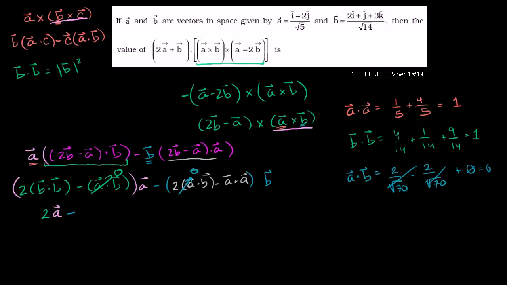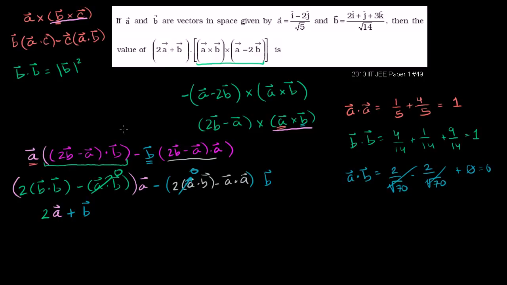And then a dot a, we figured out, is 1. So it's minus negative, so this becomes a positive b. So plus b. So all of this mess over here simplified to 2a plus b, which is the exact same thing we have over here, 2a plus b.